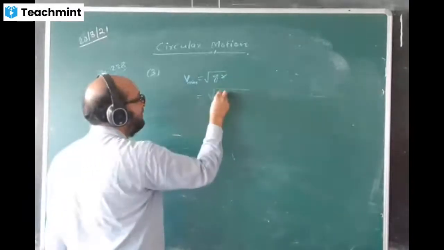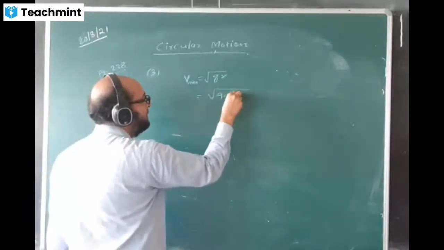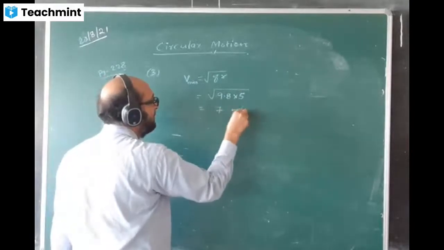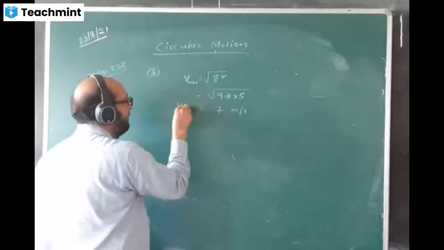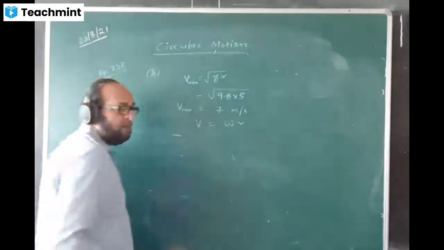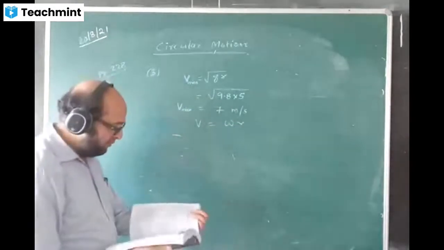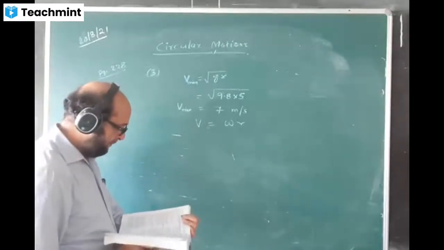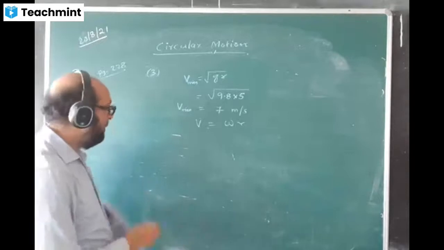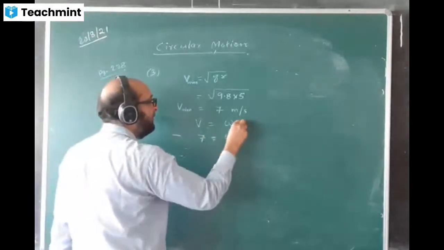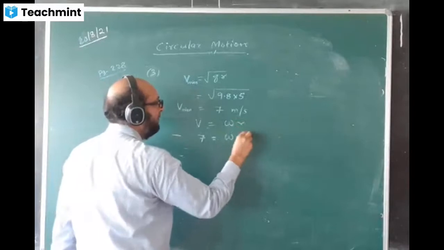The g value is given as 9.8. Radius is given as 5. This is coming to 7 meters per second. This is the value of v minimum. Now I use the formula v equals omega r, and now I'll find the value of omega. The v value is 7, omega we have to find, radius is given as 5.